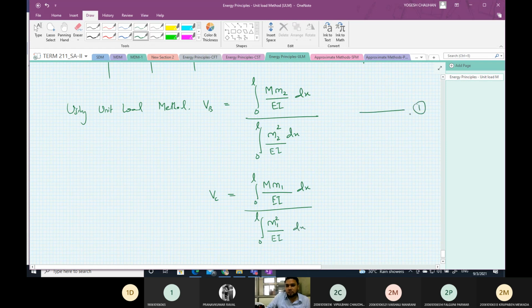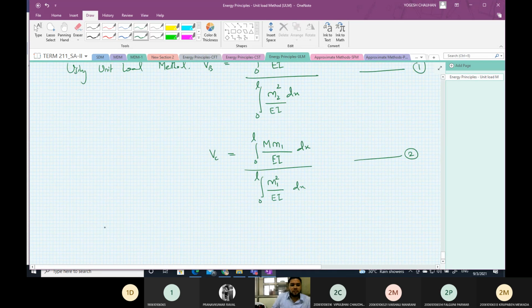This will give you one equation, this will give you another equation. In terms of VB and VC, solving 1 and 2, you will get the value of VB and VC.